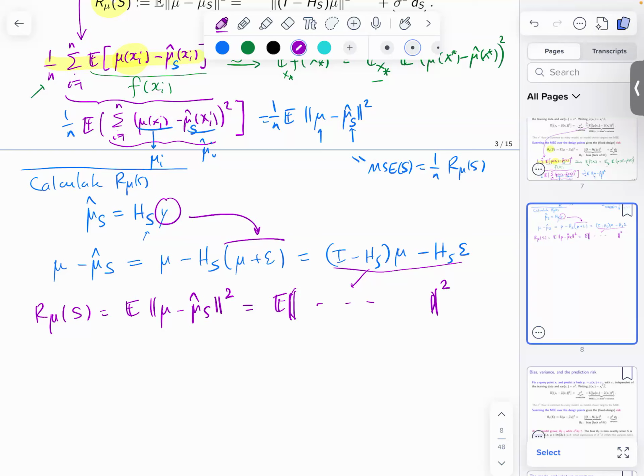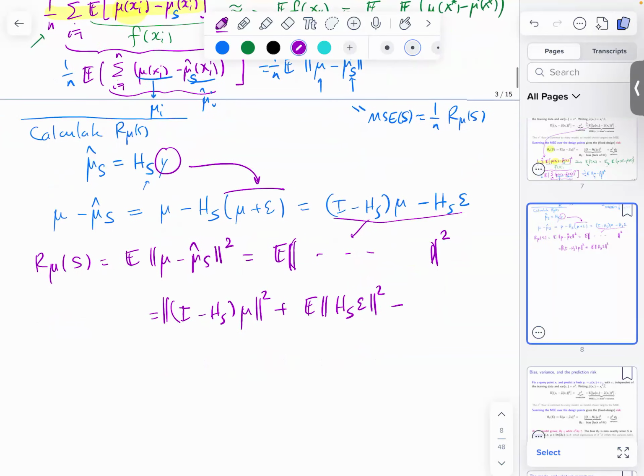So when I square it, I get three terms. I get the norm of I minus Hs mu squared, and this comes out of the expectation because it's constant, plus the expectation of the second term. We can drop the sign, so it will be the expectation of the norm of Hs epsilon squared.